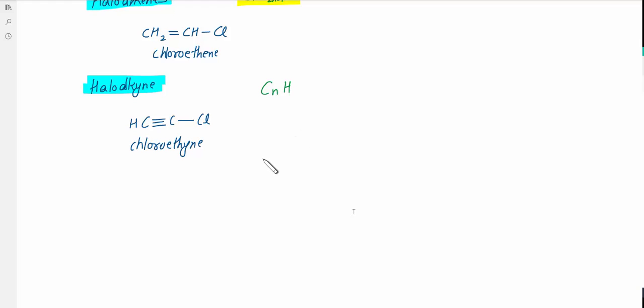Done. And if we have to come up with the general formula for this, the general formula for alkyne is CnH2n minus 2, but again there will be loss of one more hydrogen, so it will be CnH2n minus 3. So this is again the general formula, but only for the mono halide, not for di and tri. For di and tri, again we lose one more hydrogen and add one more halogen, so that will be the only difference.